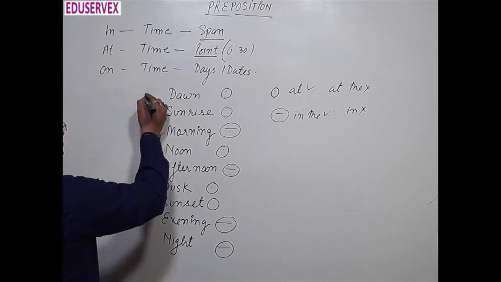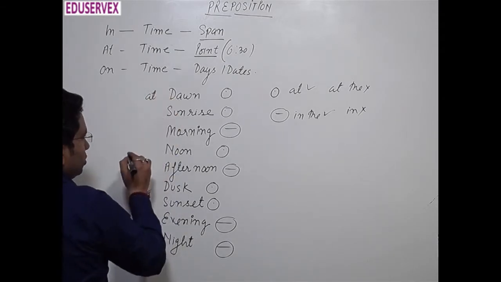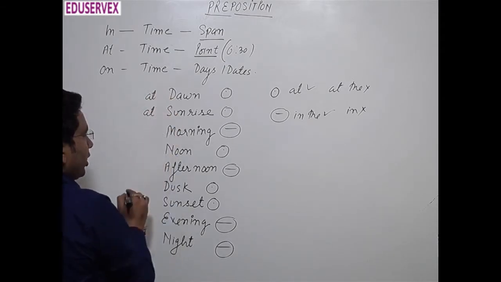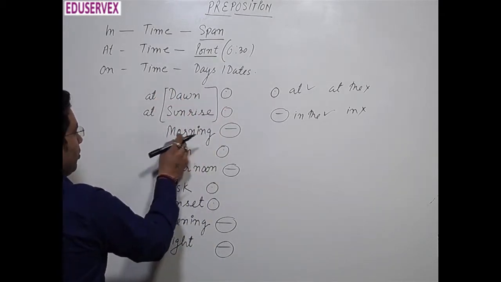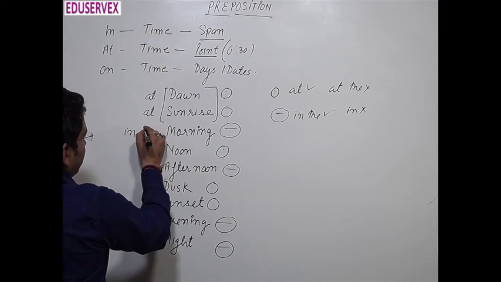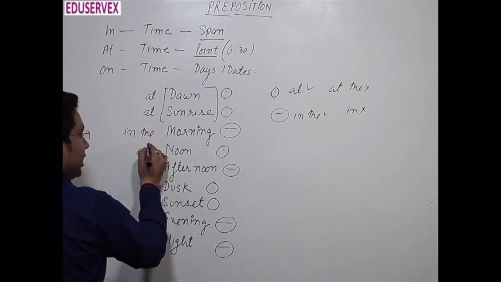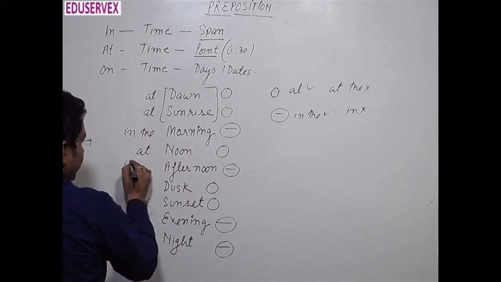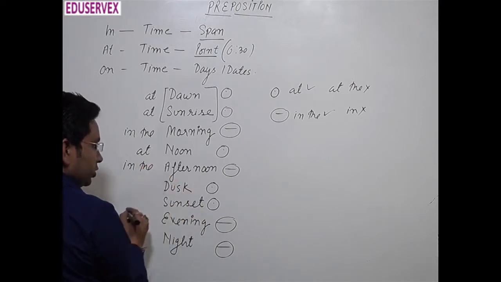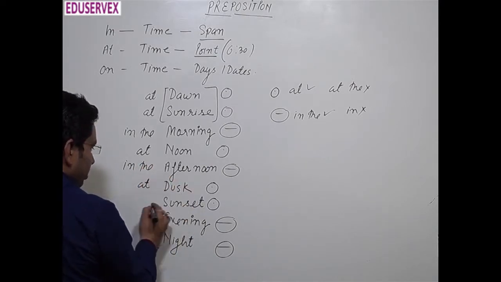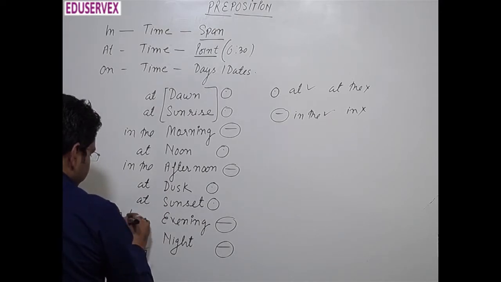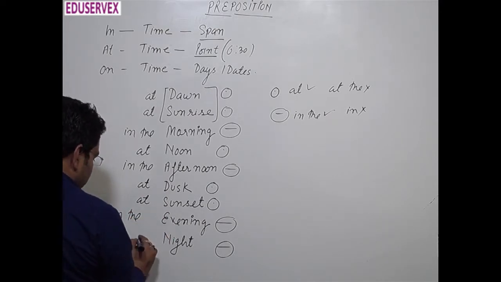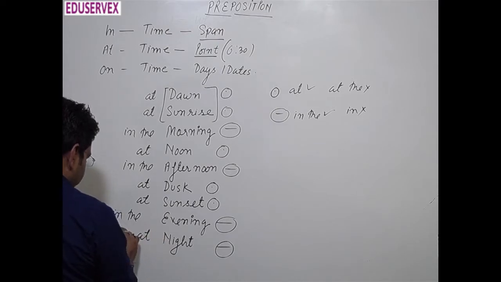Let's see. I have to say at dawn, at sunrise. Both words have the same meaning. Next one, morning. It should be in the morning, but at noon. In the afternoon, but at dusk. At sunset. In the evening, but at night.